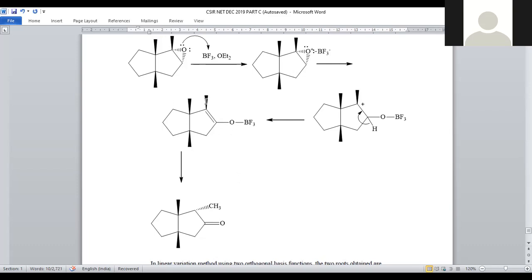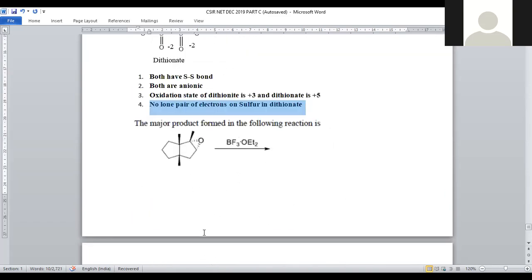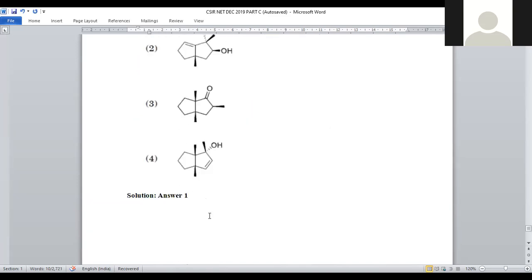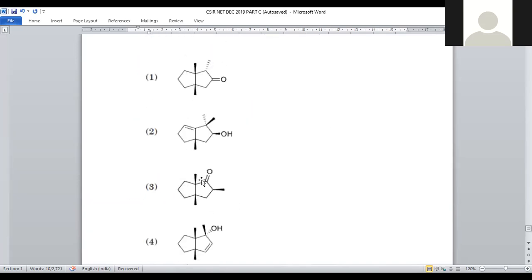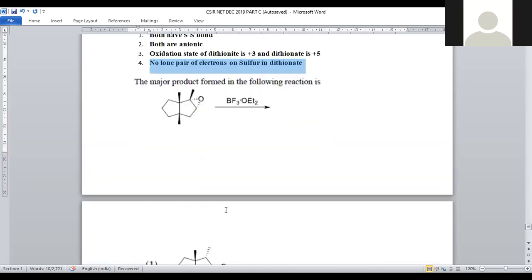The 2-methyl in the adjacent position is highly sterically strained, so the stereochemistry can be slightly varied so that the methyl goes back to reach a sterically unhindered condition. So that compound is what we expect from this reaction. Option number 1 is the exact answer. By writing the mechanism, we can clearly understand this.